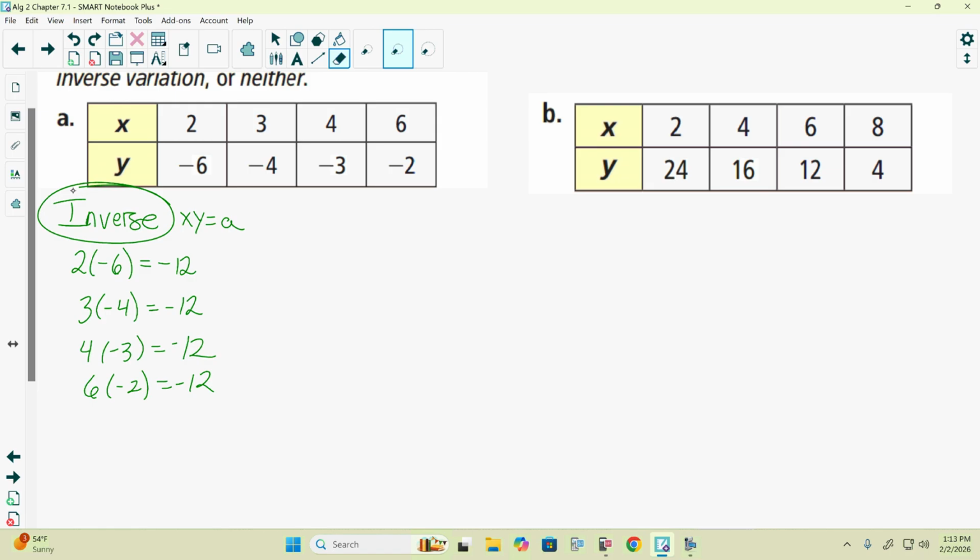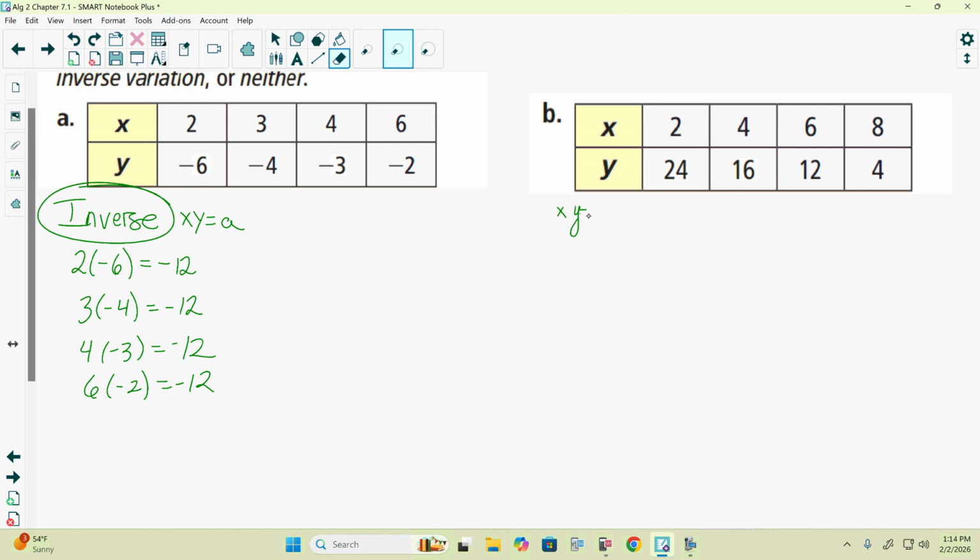Next, the last one. 2, 4, 6, 8 are our x, and their corresponding y values are 24, 16, 12, 4. If this is going to be one of them, it should possibly be what? Inverse.